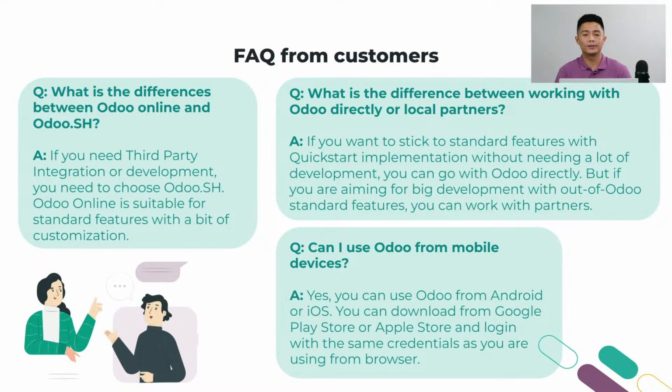So these are the frequently asked questions from customers. First is, what are the differences between Odoo versions? Odoo Online is currently used by our small customers which don't typically require access to the back end, access to coding, or access to integrate Odoo with any other software.